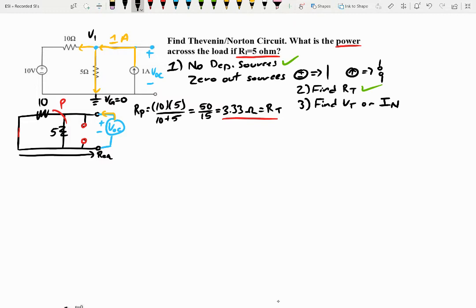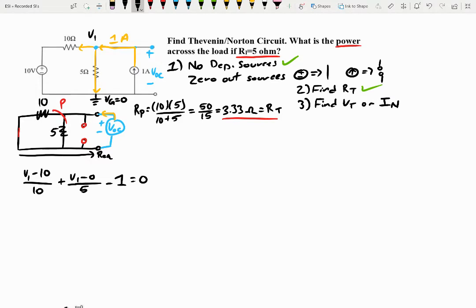So V1 minus 10 over 10 plus V1 minus 0 over 5 minus 1. Okay, and that will equal 0. We know that 1 amp is going to be entering, so we'll just make it negative, but we assume the 2 other currents are leaving.